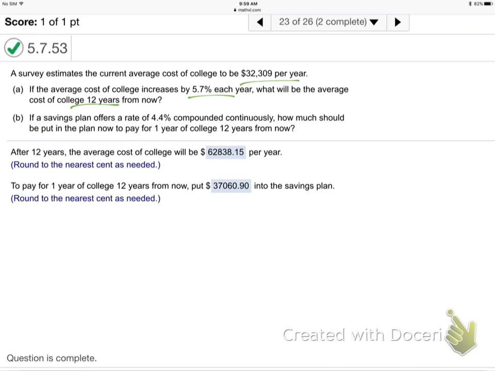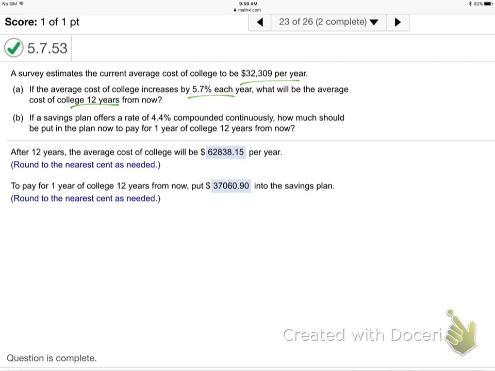So let's run the numbers. This one is a growing cost thing. That's basically these formulas we've been using. When things grow over years, inflation or growing costs of any kind, that's these formulas we've been using. So is this one continuous or not?